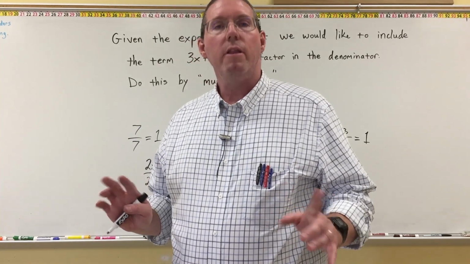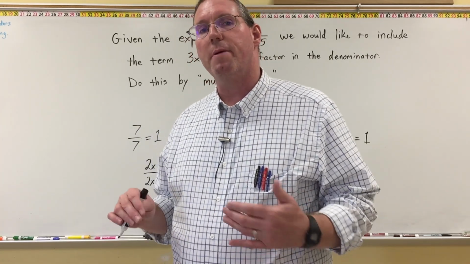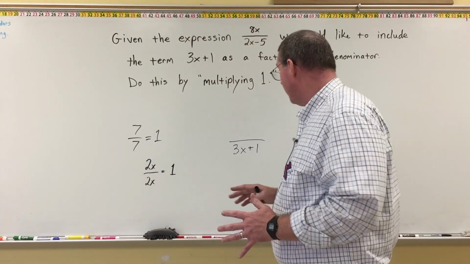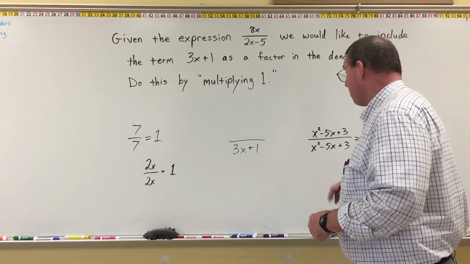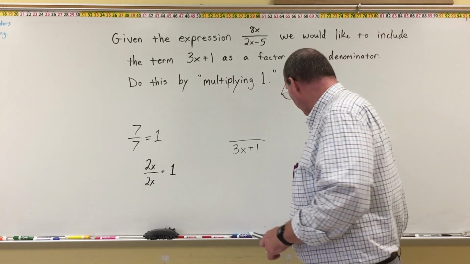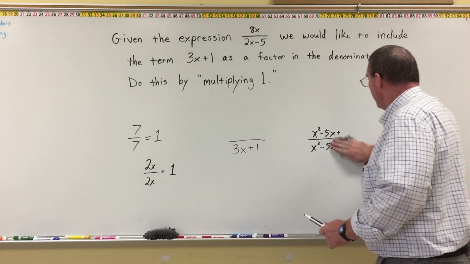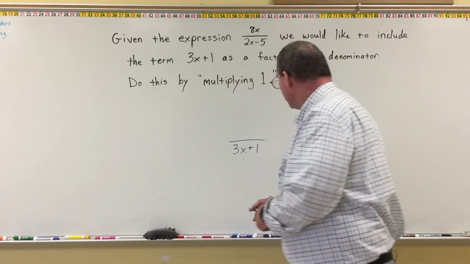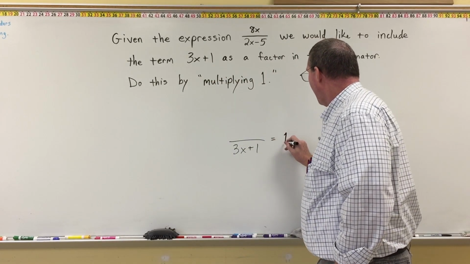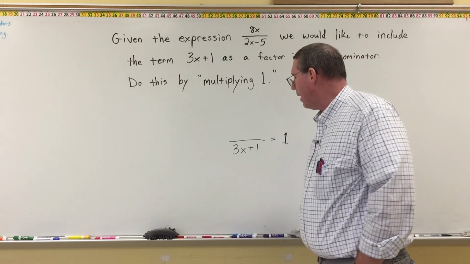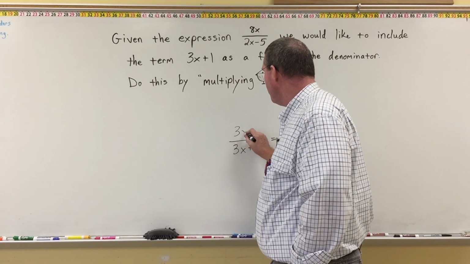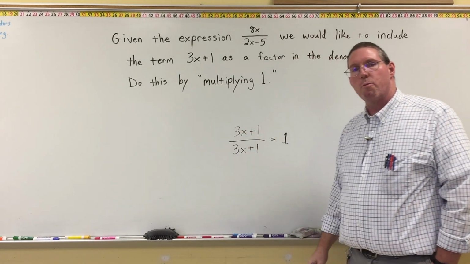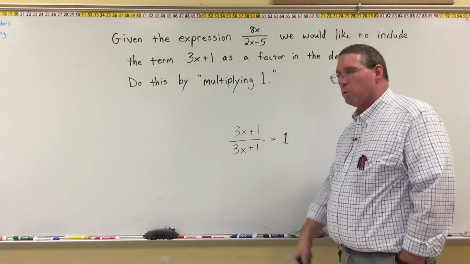And again, there's a little bit of a caveat to that. It does become complicated when we start looking at the functions and the domains of these expressions, but we're not going to worry about that right now. We'll worry about that in a later unit, okay? So what we want is a fraction that is equal to 1 and has 3x plus 1 in the denominator. Well, that's easy. We just need to have the same thing in the numerator. So if we had 3x plus 1 in the numerator and 3x plus 1 in the denominator, that's going to be equal to 1.